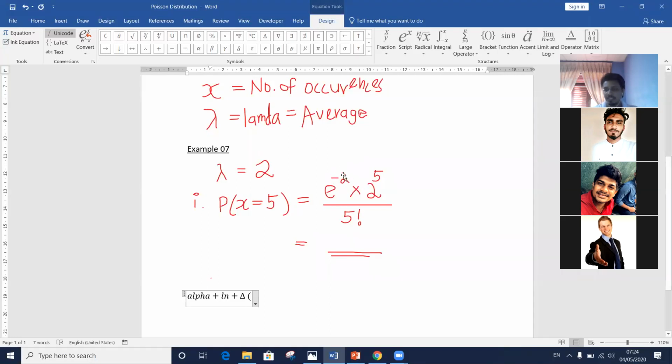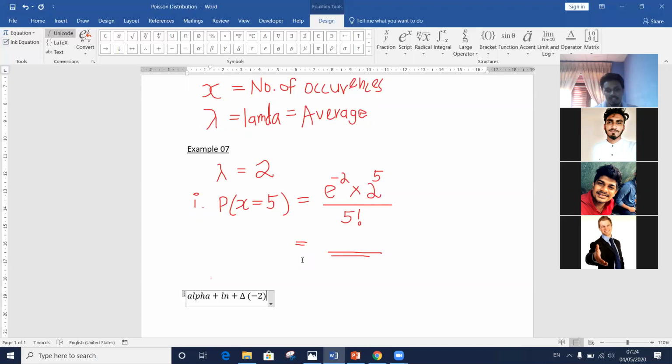Why? Because this is a minus value. Open a bracket and then -2 and then close the bracket, since the power is a minus value. To the power, open bracket, -2, close the bracket.